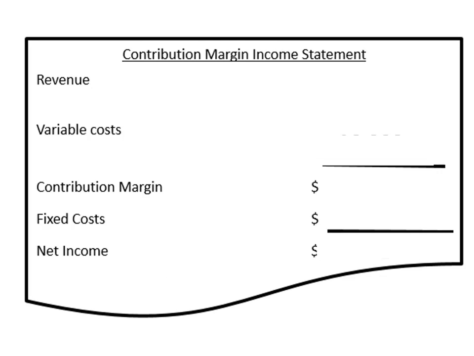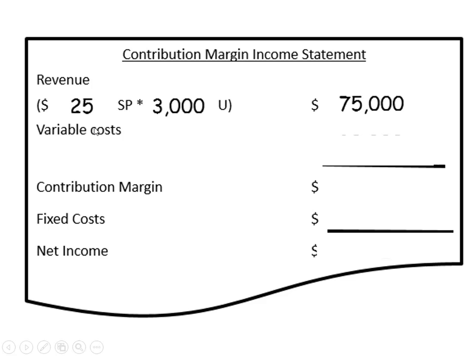Now let's take a look at using the cost, volume, profit, or contribution margin income statement, if you will. Let's go back and prove this. Okay, we start off with the revenue. The revenue is going to be $25 selling price a piece times those 3,000 units we talked about. So the dollar amount would be $75,000.